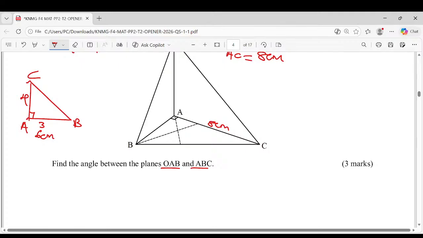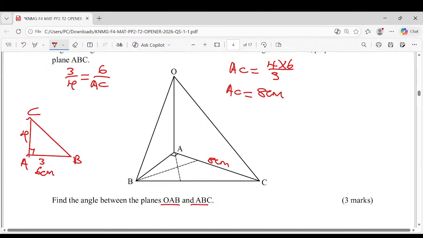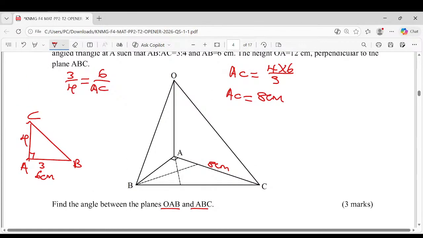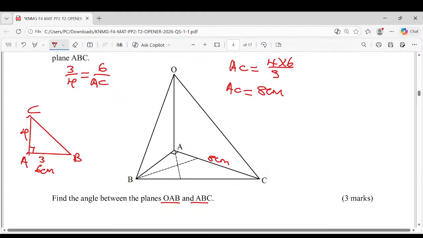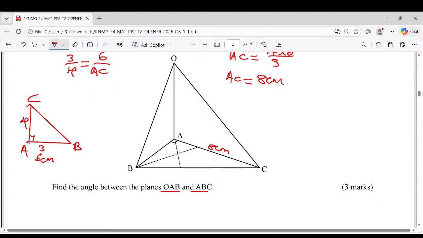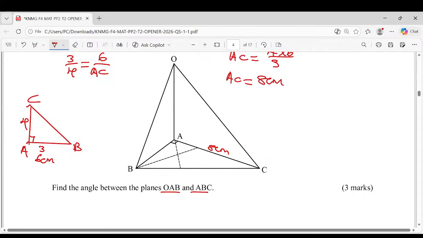So we have to identify the line of intersection of the two planes, OAB and ABC. When you look at it well, the line joining the two planes is the line segment AB. You can see this particular line, AB here, is the line joining those two planes.